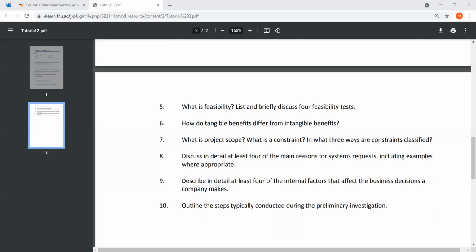After it has been developed. Next feasibility is technical feasibility.